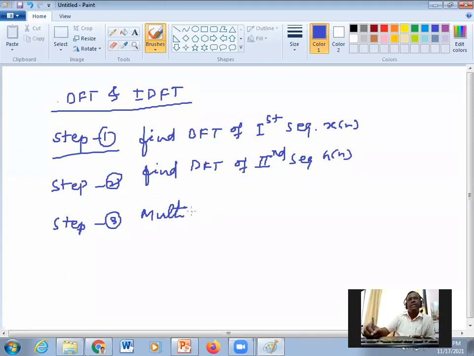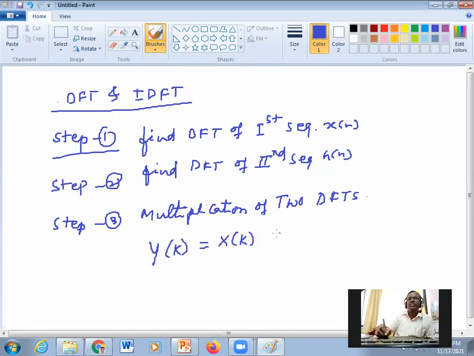What do we call it? Y of k equals x of k into h of k.